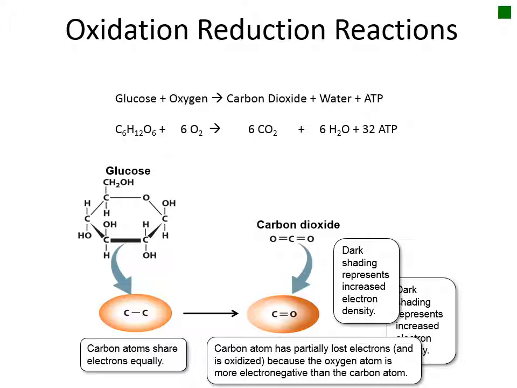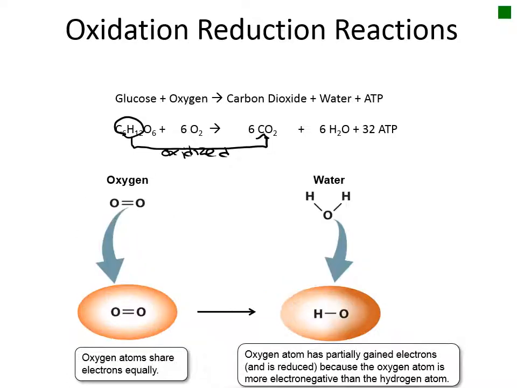Here, glucose is oxidized to carbon dioxide. Notice the presence of hydrogen atoms in glucose and the lack of them, or the loss of them, in carbon dioxide. The electrons removed from glucose are eventually transferred to oxygen, causing oxygen to be reduced to water.